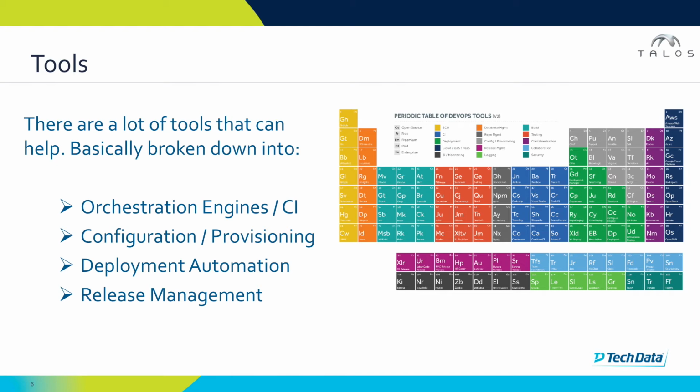They range from orchestration engines for managing your sequences of steps that need to be executed, continuous integration, configuration management products, deployment automation products, and all of these tools work together in order to give you that benefit of automation: automated testing, automated deployment, automated integration.